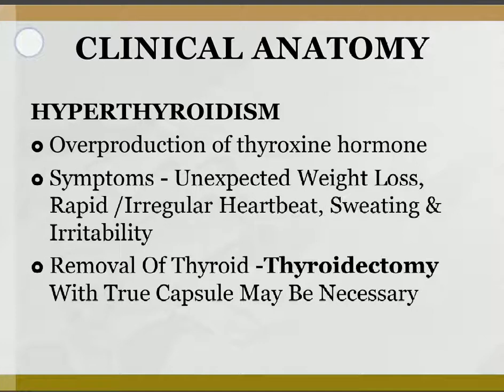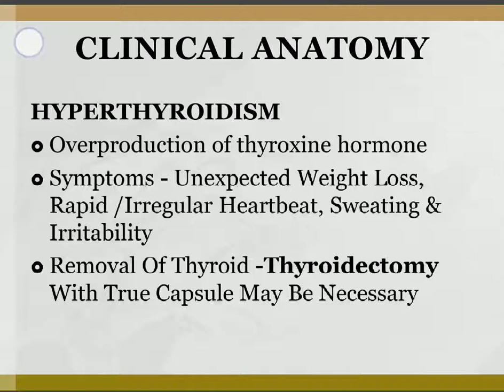Another condition is hyperthyroidism. Hyper means excess of the thyroxine hormone that the gland is producing. It produces it in excess. There are certain symptoms like unexpected weight loss, rapid and irregular heartbeat, sweating, irritability.